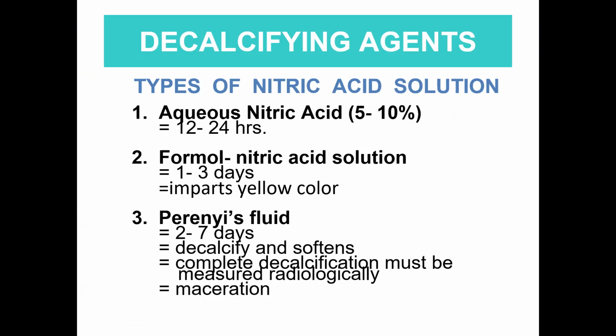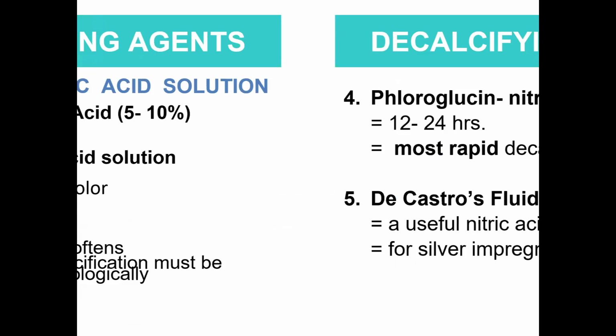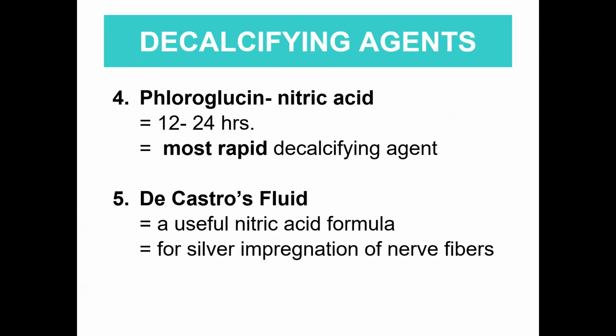This softens and breaks down your tissues, however this is avoided by adding chromic acid and alcohol. Another is fluoroglucine nitric acid, which is considered the most rapid decalcifying agent, and you also have decastrous fluid used for silver impregnation of your nerves.